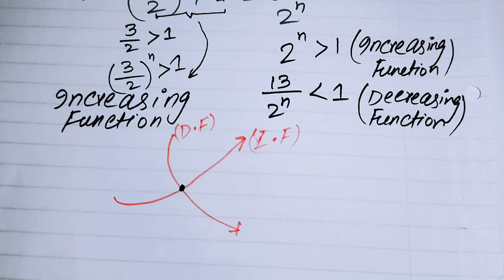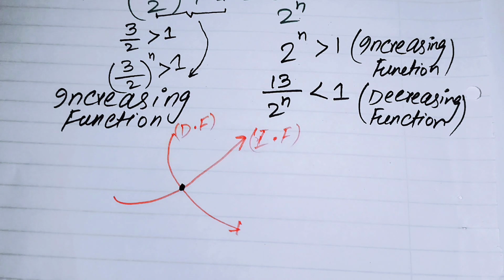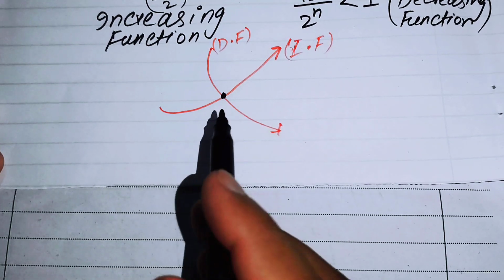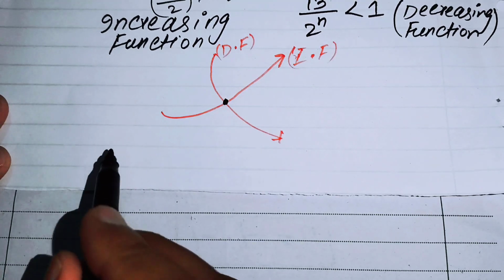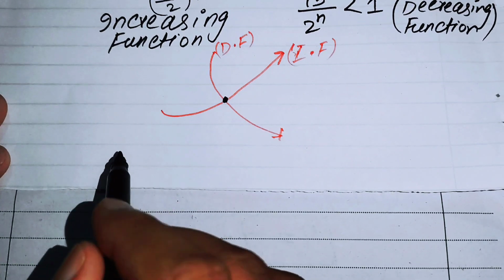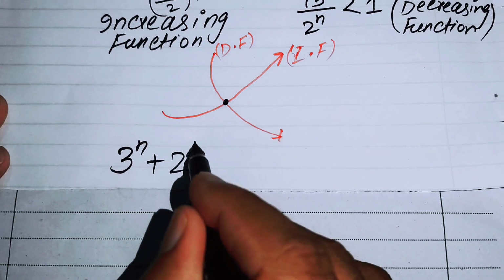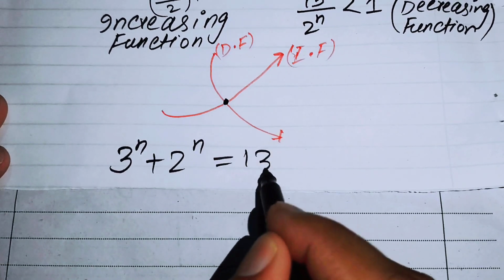So now we can find the point of intersection of the given equation. We find this point of intersection by inspection. And here you see that the given equation is 3 to the power of n plus 2 to the power of n is equal to 13.